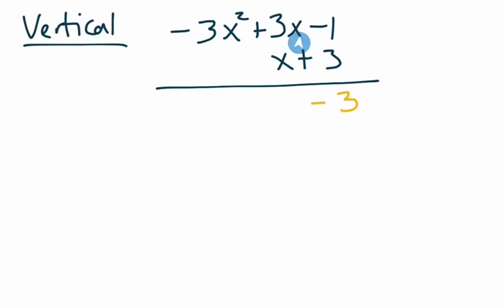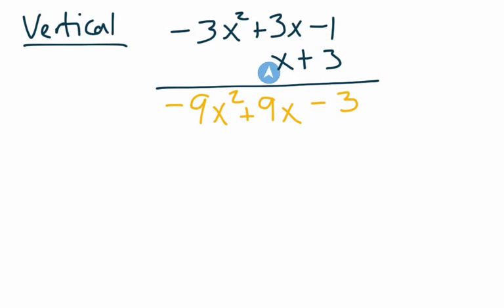Then I do 3x times 3, which gives me 9x. And then negative 3x squared times 3, which would be negative 9x squared. And then you'd put a plus sign in there because that was a positive 9x. And so that's one.